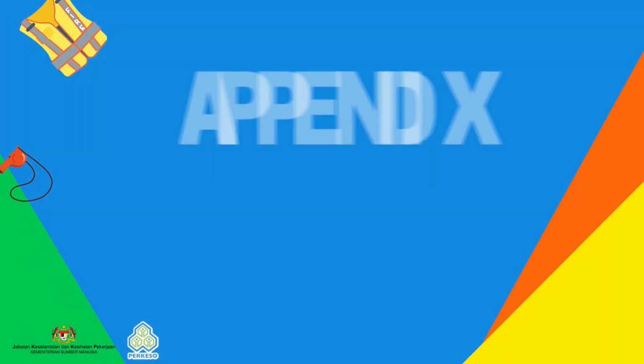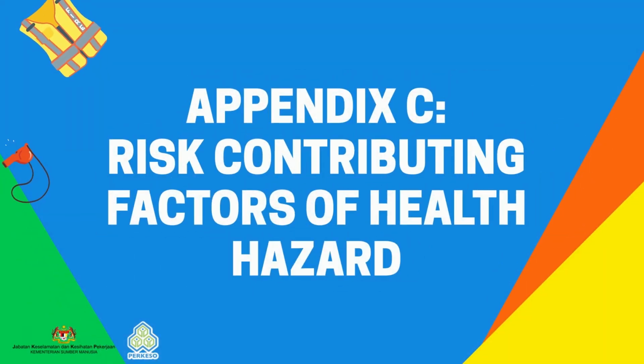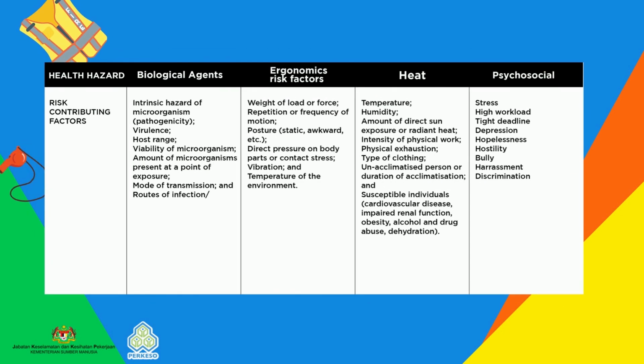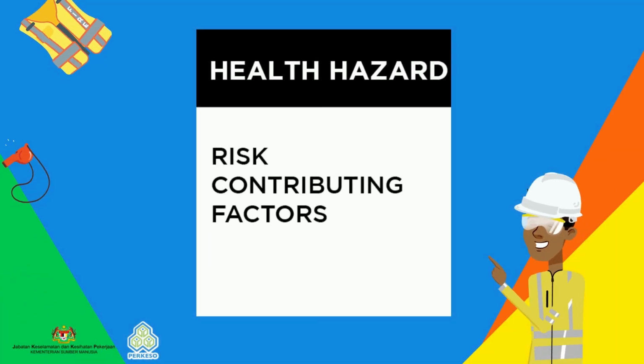We will talk about Appendix C, risk contributing factors of health hazard. As you can see, there are five columns: health hazard, biological agents, ergonomics risk factors, heat, and psychosocial, and we will explain each of them in detail. The first column is health hazard, which is the risk contributing factors.